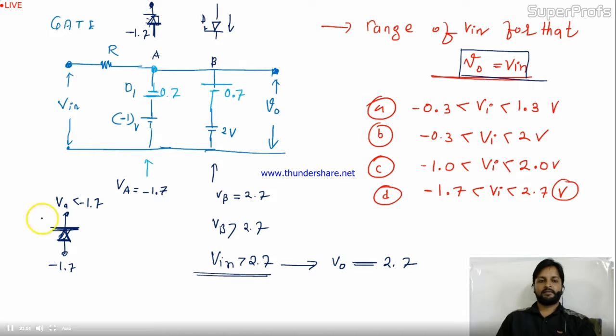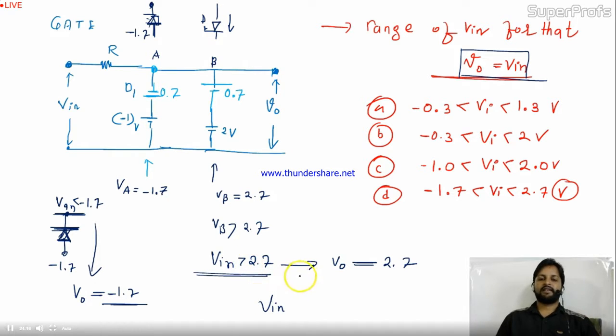Here the voltage is Vin, obviously Vin less than minus 1.7. In this stage the output will be minus 1.7, because this diode will be working and this entire diode voltage will come to the output. Now see the condition. This is your Vin.